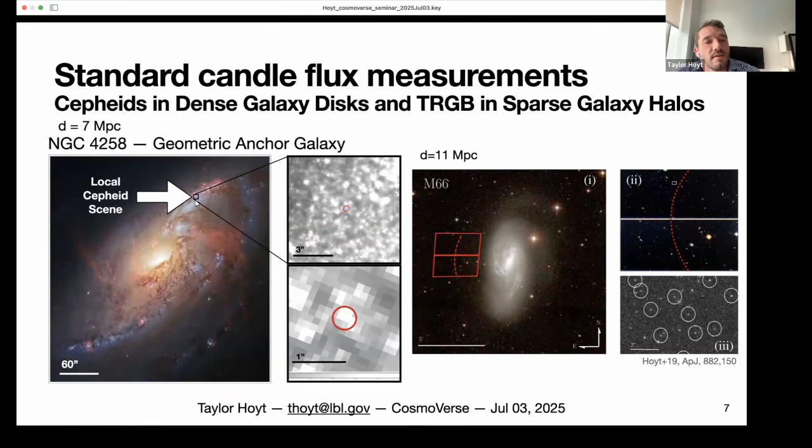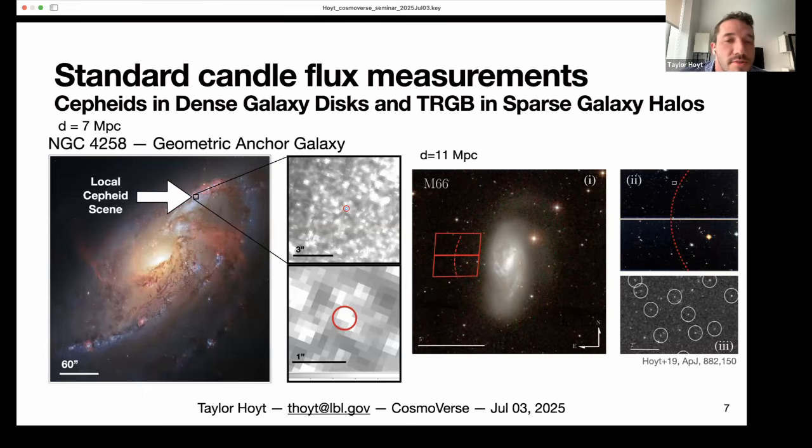You see the inset zooms into this region here in the central part of the galaxy. The local scene around the Cepheid, which is highlighted by the red and blue circles, just representing two different instruments of Hubble, and then zoomed in again around the Cepheid, again enclosed by the red circle.